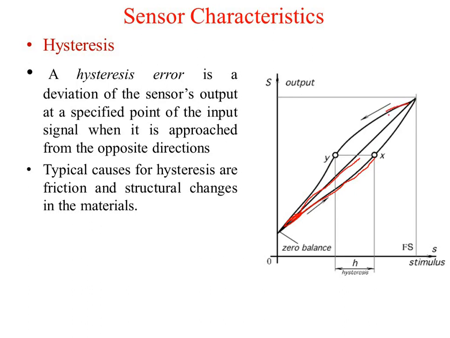Instead of following the same path, the same line, it will follow this path. So the difference between these 2 points will give you the hysteresis. This is called the hysteresis characteristic, and it is because of change in friction or the structural changes of the material, and that will cause the hysteresis error.